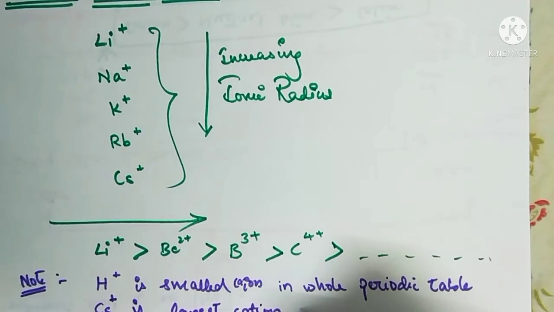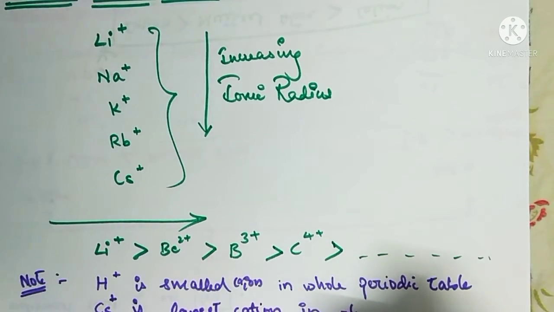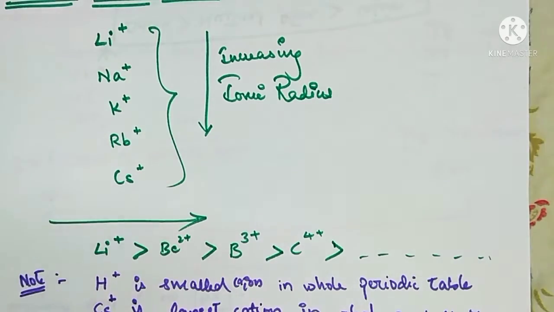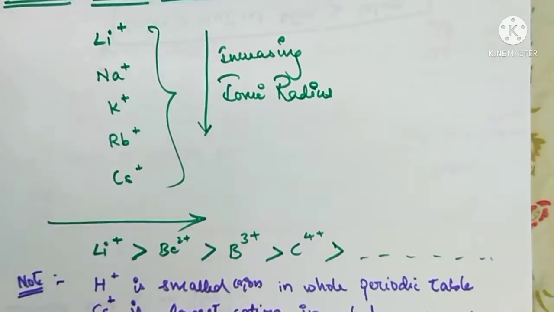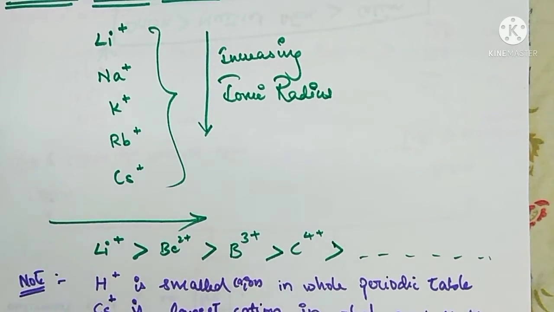Cesium ion is the largest cation in the whole periodic table. And H minus and I minus are the smallest and the largest anions respectively. Like hydride, the hydrogen anion is the smallest anion, whereas the iodine ion is the largest anion.